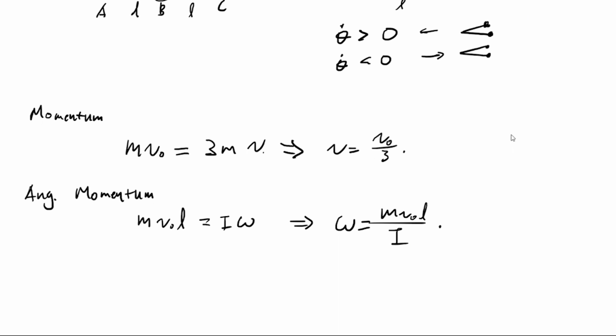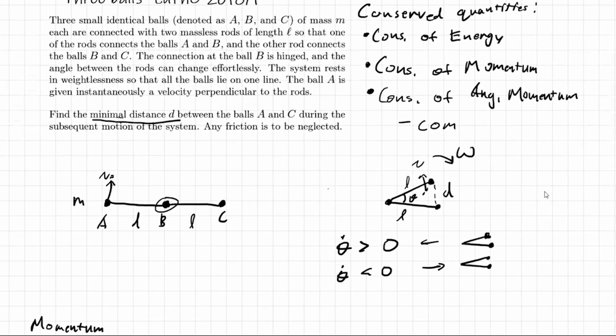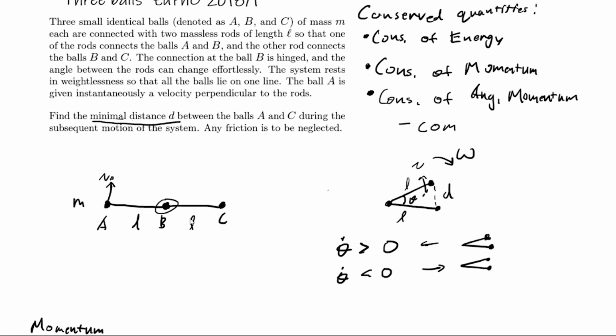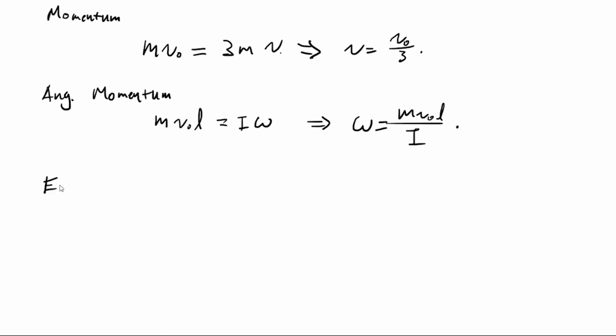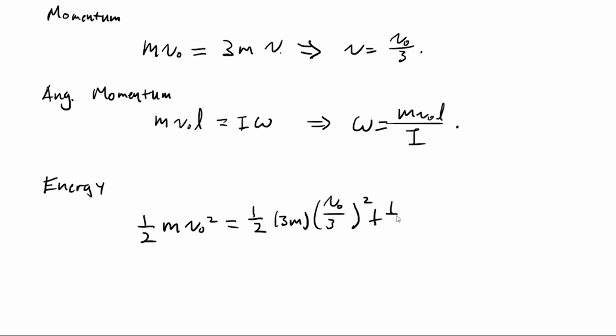Now we have the velocity and the angular velocity, so we can apply conservation of energy, which is the last one left, by setting the initial energy equal to 1/2 m v squared plus 1/2 I omega squared. So applying energy, 1/2 m v naught squared, which is the initial energy, is equal to 1/2 times 3m times v squared, which is v naught over 3 squared, plus 1/2 I omega squared.